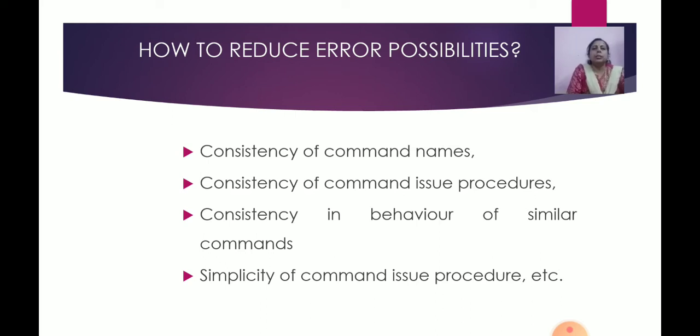If the same type of commands have the same type of behavior, then the error will be reduced. Simplicity of command issue procedure. Means the procedure of command issue should be simple so that the error possibility will be minimized.